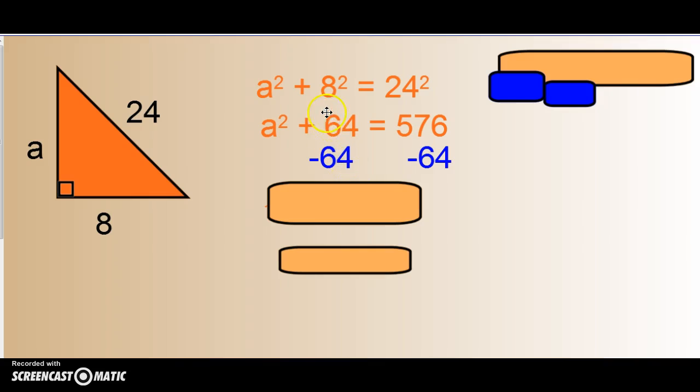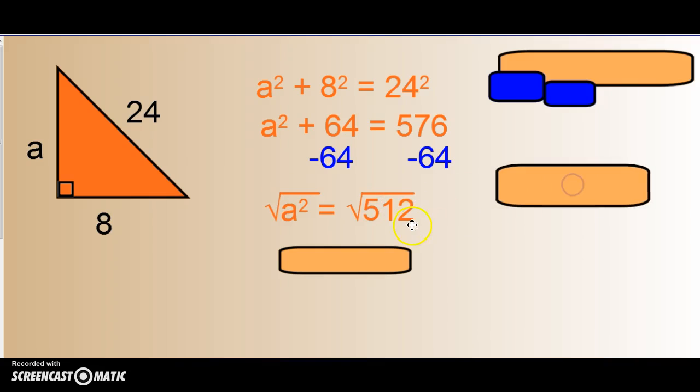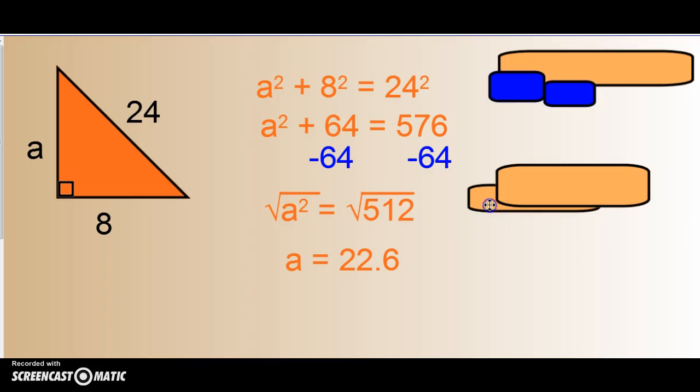And now they cross out, so a squared is alone, and 576 minus 64 is 512. Again, find the square root of a squared to get a alone. And the square root of 512 is 22.6.